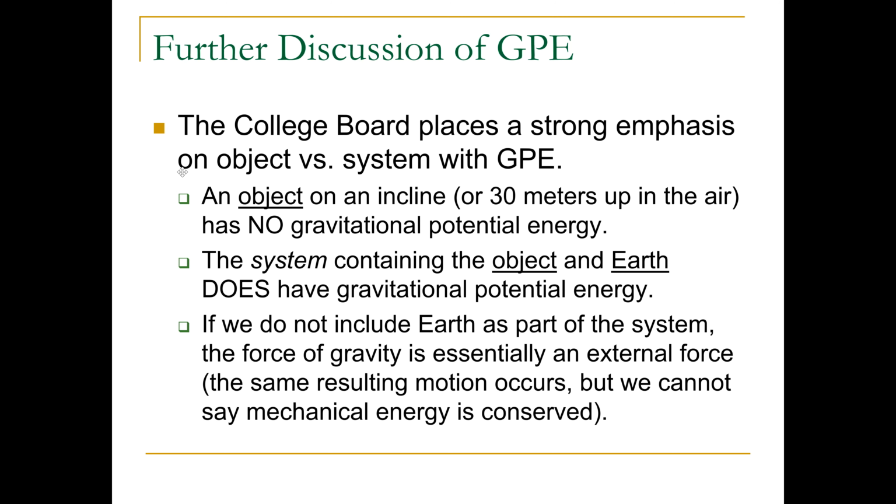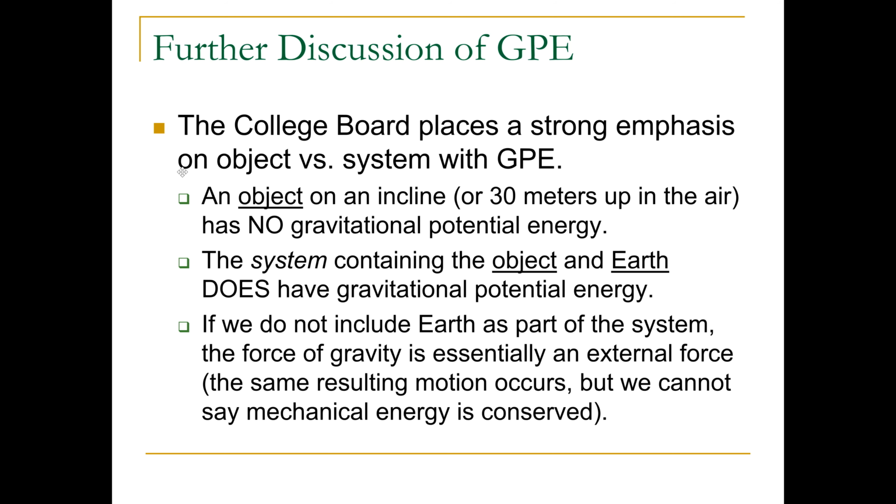If we are not including the Earth as part of the system, then we would have to include gravity as an external force. So when gravity acts on our object, we can think of it as an external or net force. And we can say the amount of force times the displacement equals the amount of work done, and that work done results in a change in kinetic energy.